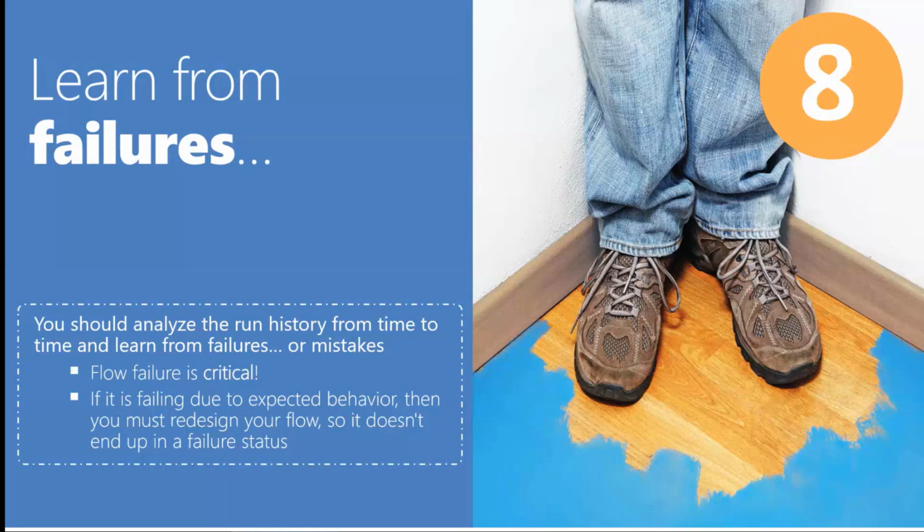And if it fails for an expected behavior, then we need to redesign that so it does not fail. Because if you already expect this behavior to happen, you can control it. And you can manage that to be properly, successfully executed, not failing. Failing is critical, okay? Fail means that you have a problem that needs to be addressed.